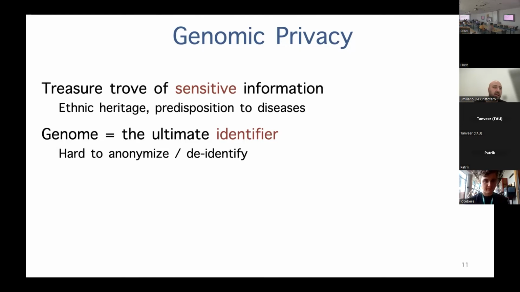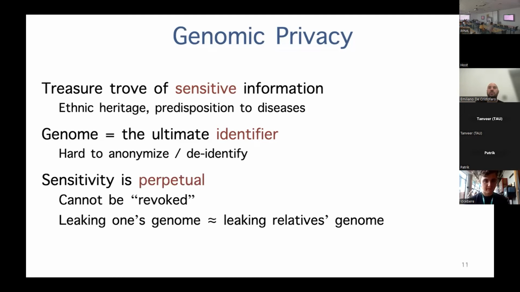But overall, the probability that two people have the same exact genome is negligible, right? So that also means that any attempt to anonymize genomic data is somewhat moot because it's really unique, right?